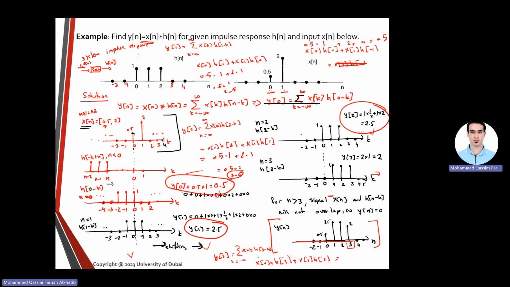So x of 0 is 0.5 times h of 3, and h of 3 is 0. Plus x of 1, 2 times 1, that's going to be 2. That's y of 3. And you can go on and you realize that the convolution will stop at 3. So you have only values from 0 to 3.